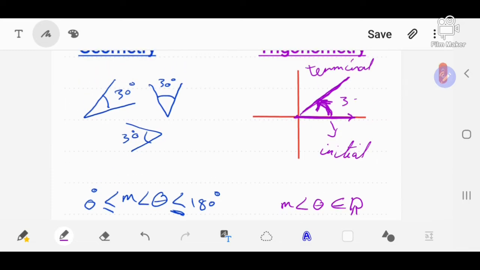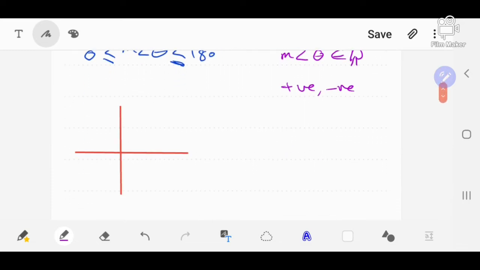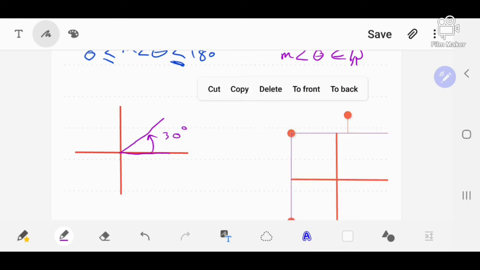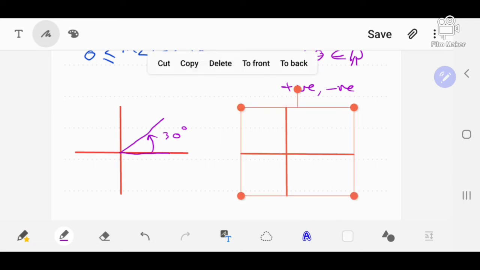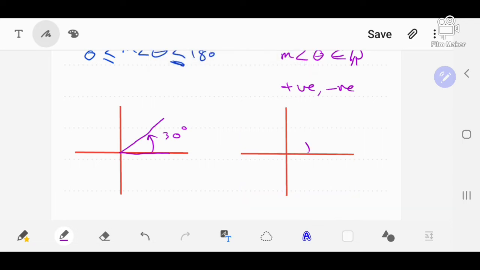Let's try to say 30, counterclockwise. You can draw, for example, 150. So again, you start from the initial side, move counterclockwise until you reach 150 degrees.